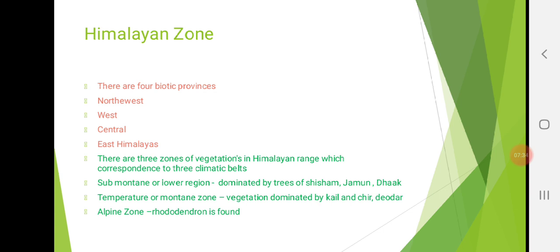Such trees or vegetation are found in that region. And the alpine zone, where rhododendron is found. See, the last line is very important. Rhododendron is found in the alpine zone. See, some pronunciations are really hard for us.